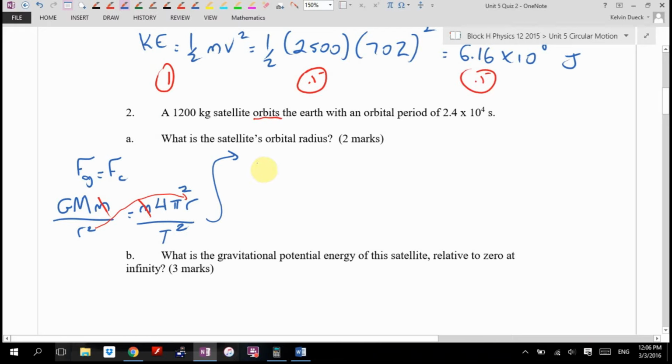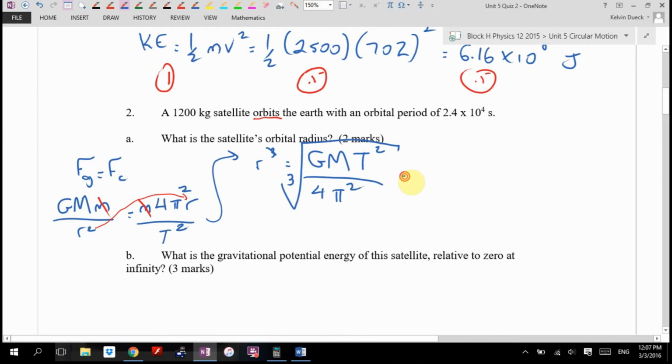Raj, you're saying I want to get the r cubed by itself, which means it's going to be big G, big M, T squared over 4 pi squared. And then how to get rid of a cubed? Cube root. I don't know how I botched that, but apparently I did.